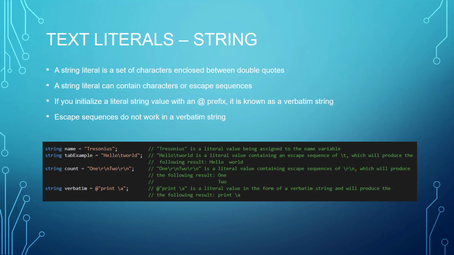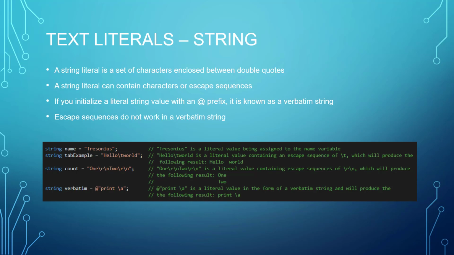We've assigned to it a literal string with the words hello \t world. Now \t is an escape sequence that produces a tab, a horizontal tab. So hello \t world is a literal value containing an escape sequence of \t, which will produce the following result: hello tab world.